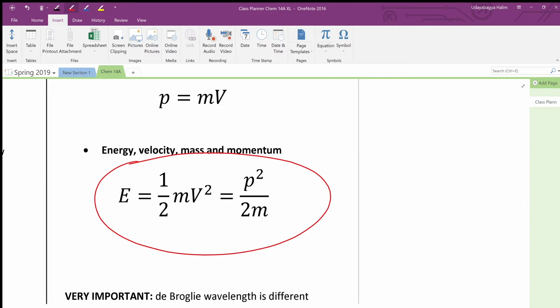Okay. But if we have any other object in the universe, everything else, more or less, has mass and moves kind of slowly.